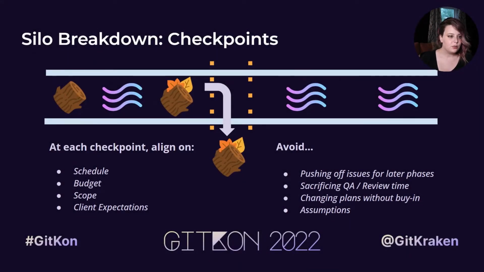Breaking down silos from an internal process standpoint, we want checkpoints. Now, a checkpoint could be a stand-up, it could be a tool, it's whatever you find to facilitate a general check-in and a cross-communication.